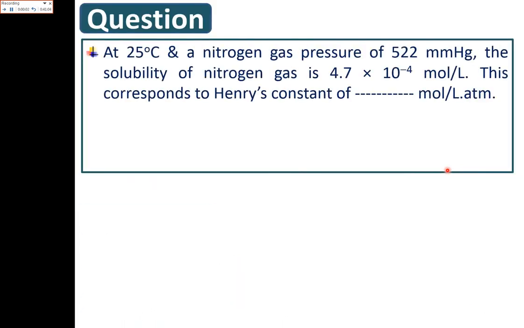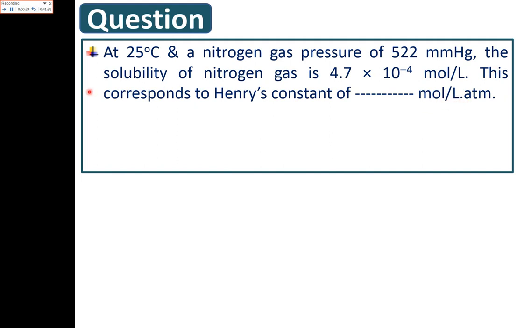At 25 degrees Celsius, at a nitrogen gas pressure of 522 millimeter mercury, the solubility of the nitrogen gas is given by this number. This corresponds to a Henry's constant of... I want to attract your attention to the units. Usually you should inspect the units.